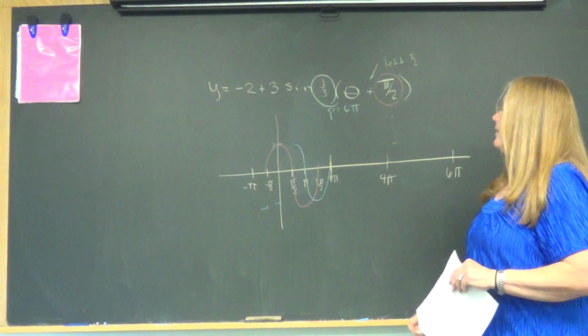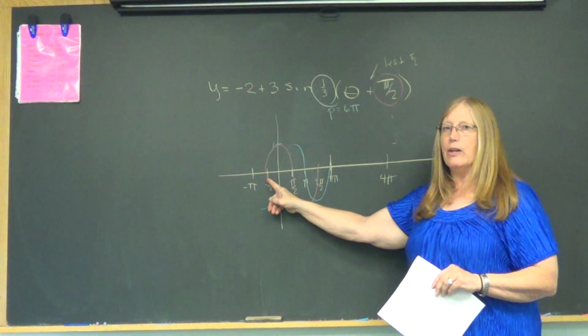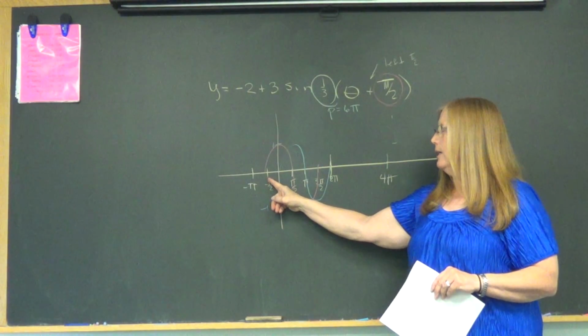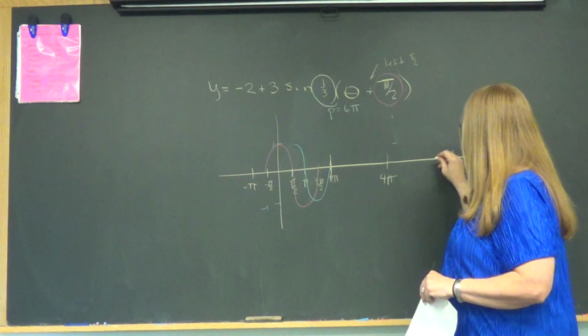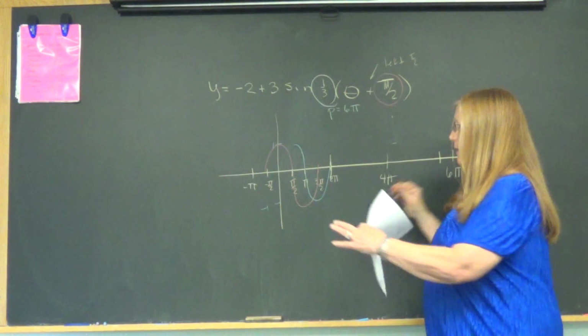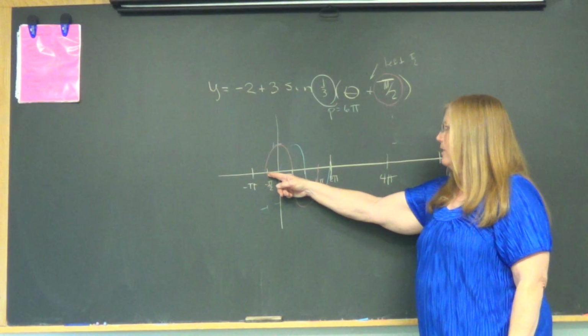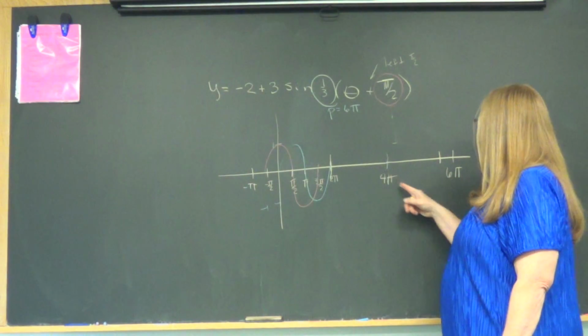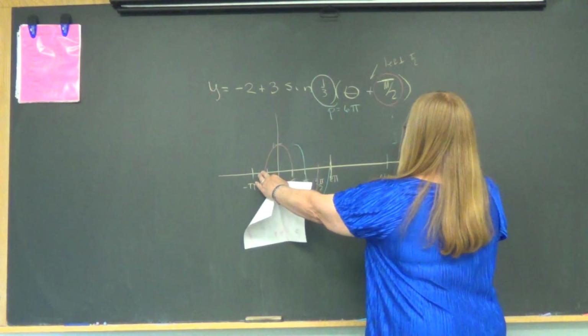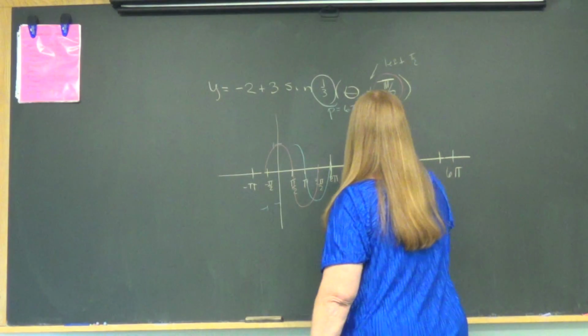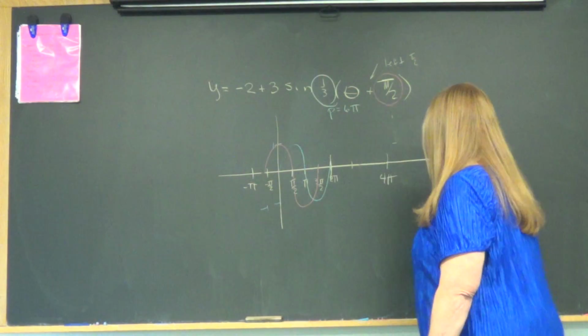But notice, now that I've shifted it, it starts at negative pi over 2. So it's going to end up at this value instead of this value because we shifted everything down. So a whole curve has to start here and end here. So let me eyeball the middle, somewhere about right here. So that's going to be the high point of the curve.